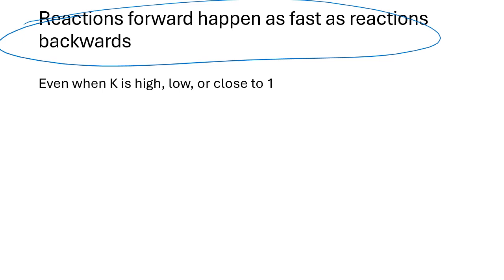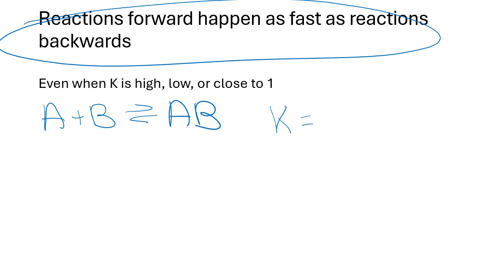So let's say A plus B forms AB, this is an equilibrium equation. And let's say K is 50. There's no units on that.